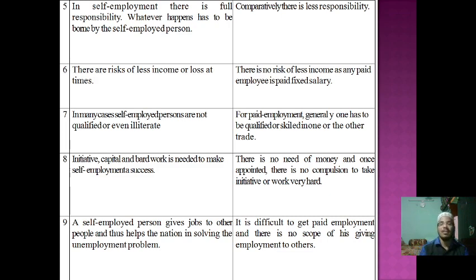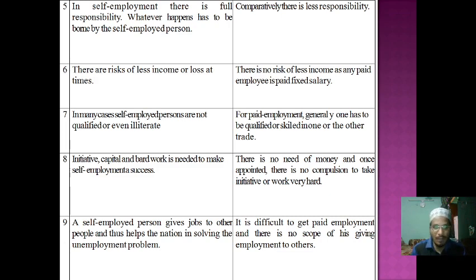The manager needs no money, and once appointed there is no compulsion to take initiative or work very hard. The manager does not involve any money in that organization, and there is no compulsion on the manager if the company goes into loss.